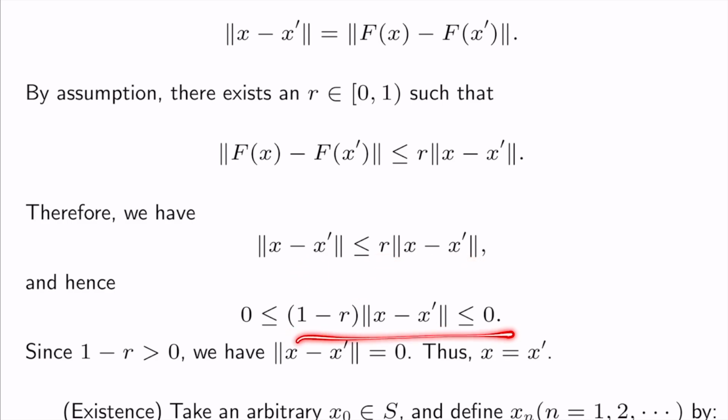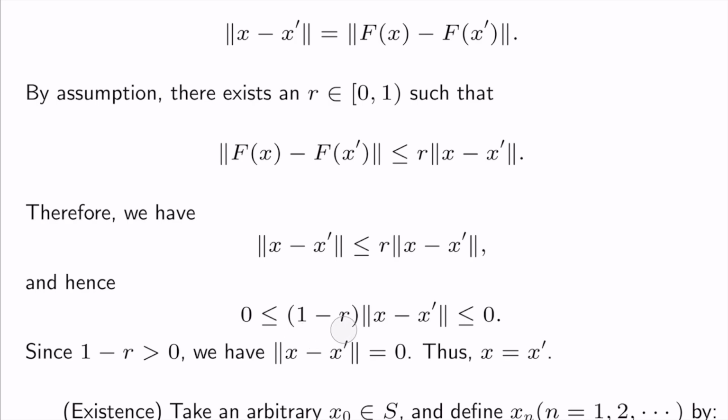On the other hand, r is between 0 and 1, so this 1 minus r is positive. And the norm is always, of course, positive. So this whole thing is positive. So 1 minus r times this norm is between 0 and 0. But 1 minus r is strictly greater than 0.